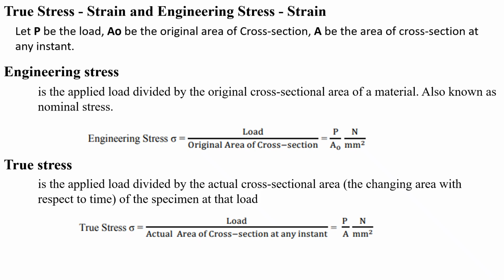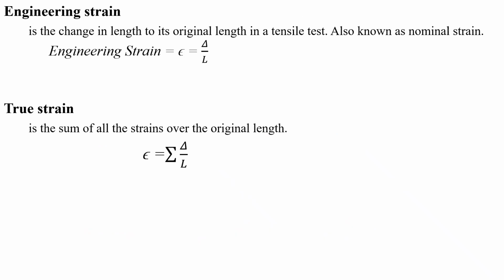Then true stress equals the load divided by the actual area of cross section at any instant, that is P divided by capital A. Similarly, engineering strain is the change in length to original length in a tensile test, also known as the normal strain.